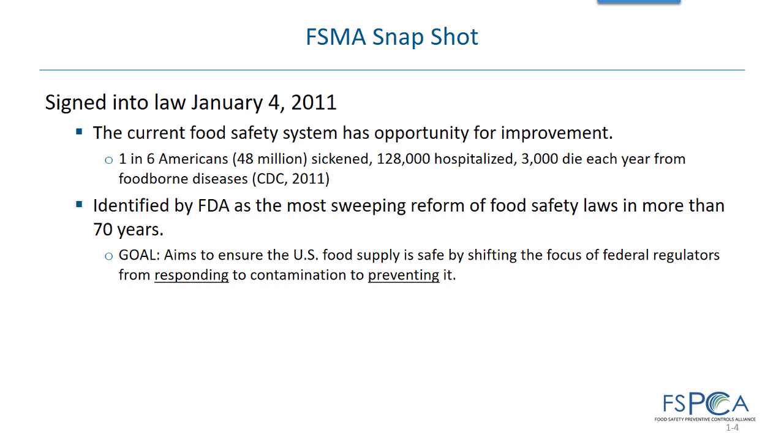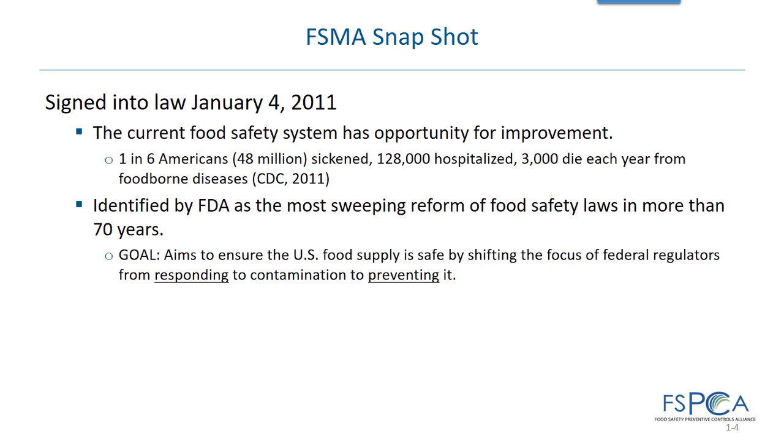And the goal of this regulation is to make a shift in the mindset of our food production industry. We have been set on responding to incidences of foodborne illnesses and incidences of adulteration happening. We've gotten pretty good at doing that.